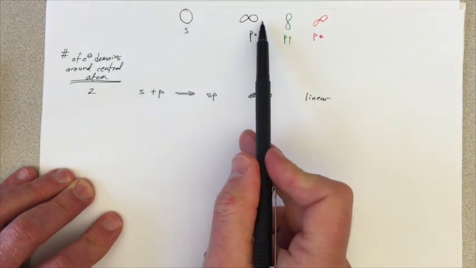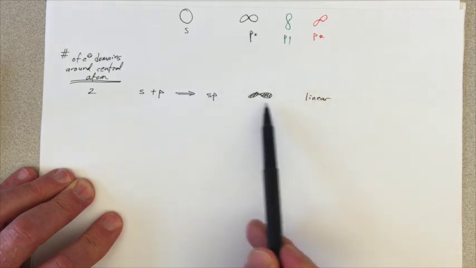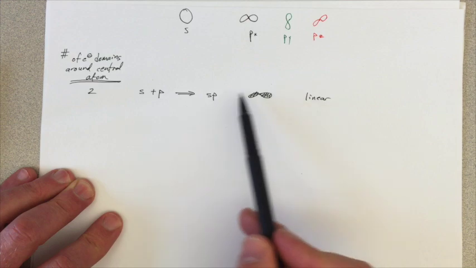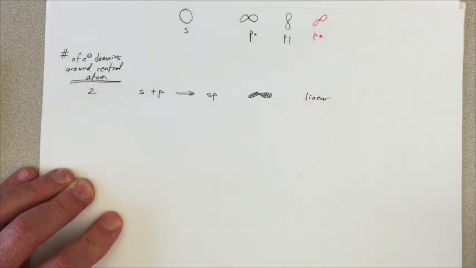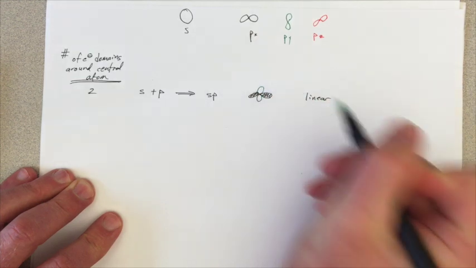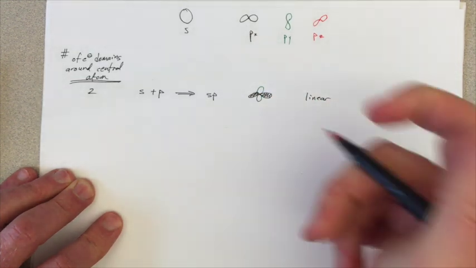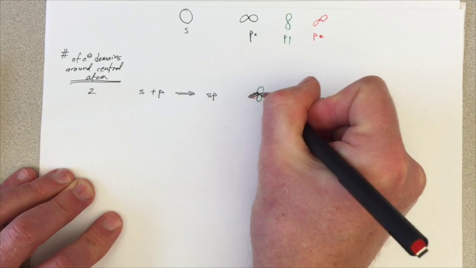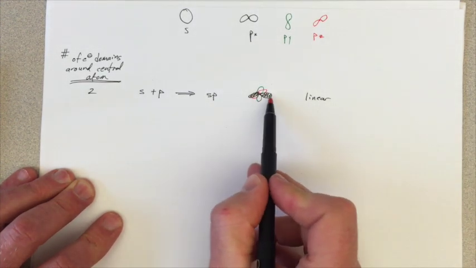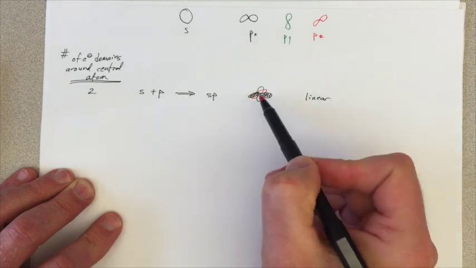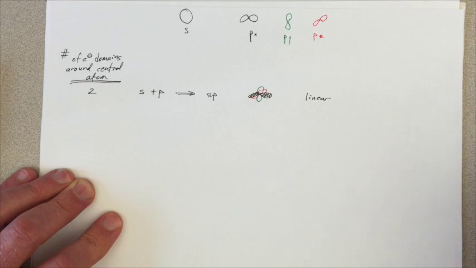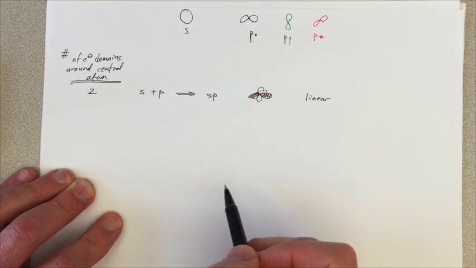Now, we've used the s and the p orbital to make the sp hybrid orbital, but there's a couple other p orbitals that aren't involved in this, and so we're going to represent those as extra orbitals here. They'll come into play in some of the molecules we look at. But the sp hybrid orbital is a linear orbital. We have our py and our pz sort of hanging out, not involved in the hybrid orbital.